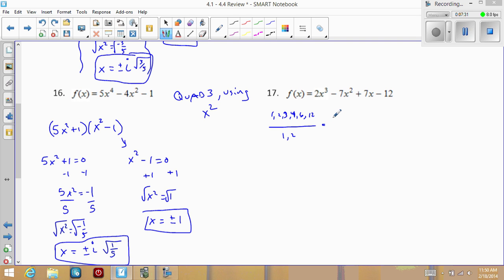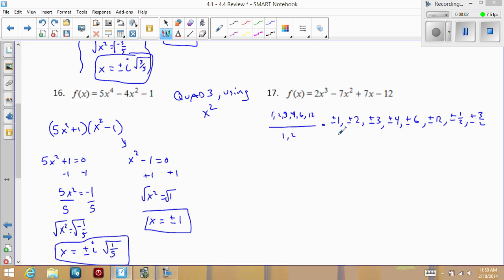So from that, I get positive and negative 1, positive and negative 2, positive and negative 3, positive and negative 4, positive and negative 6, positive and negative 12, positive negative 1/2, and positive negative 3/2. So that's just doing that list just like we've done in many other problems.